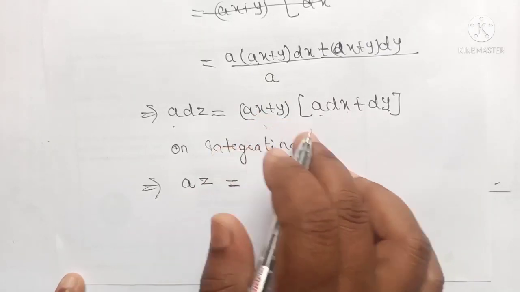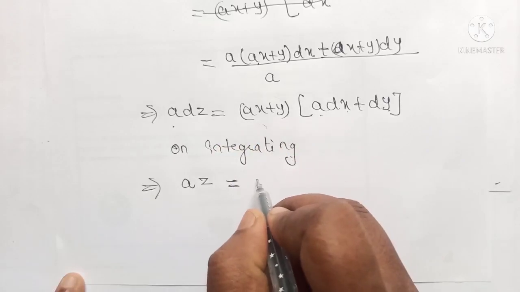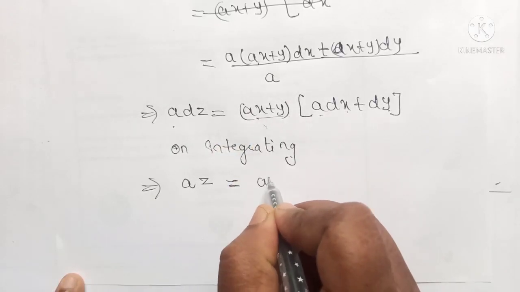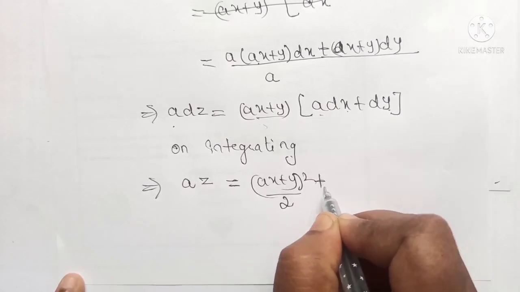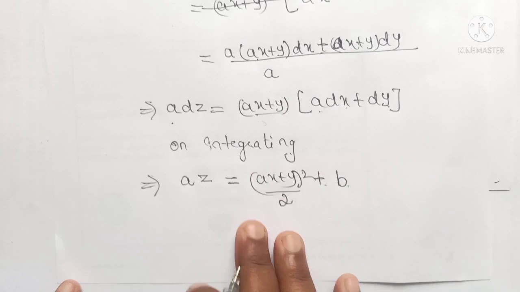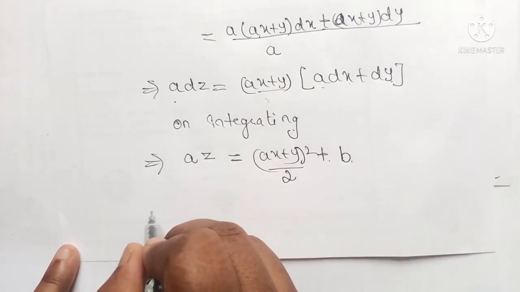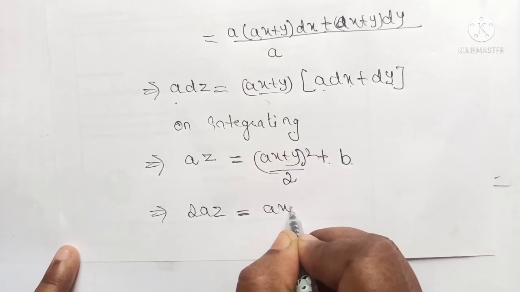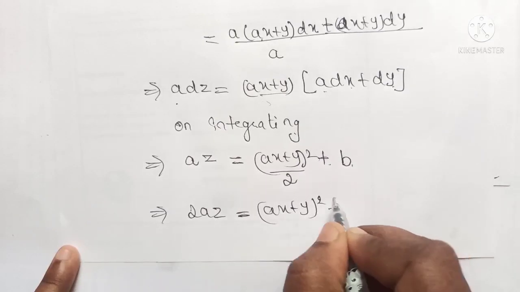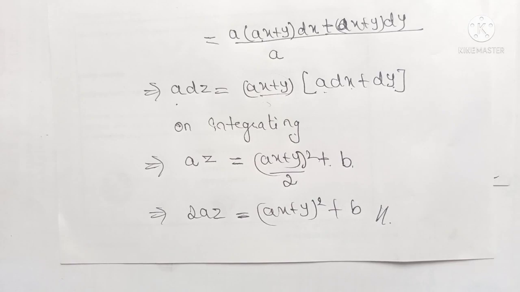Therefore its integration is (ax plus y) to the power 2 divided by 2 plus an integration constant b. So further it can be written as 2az equals (ax plus y) whole square plus b. This is the required answer.